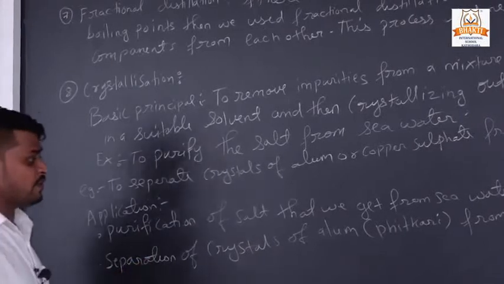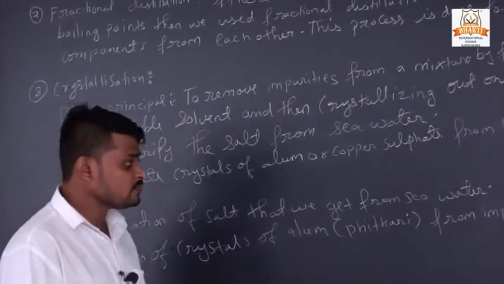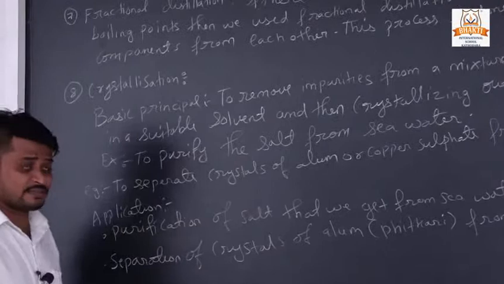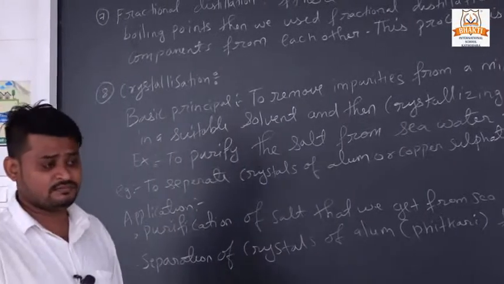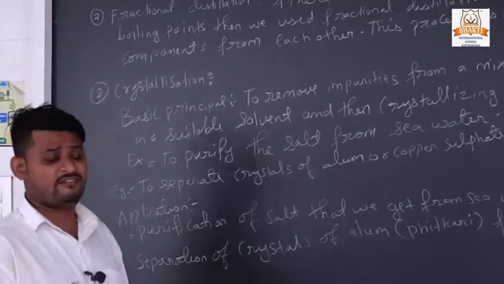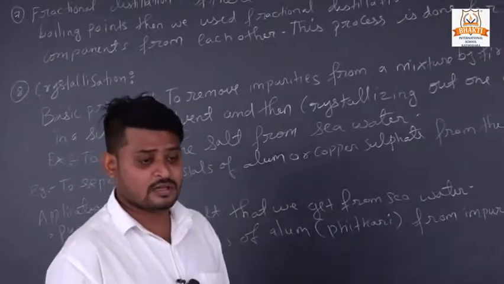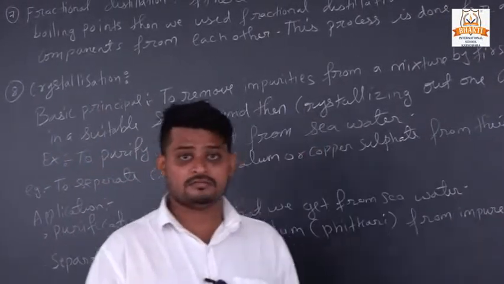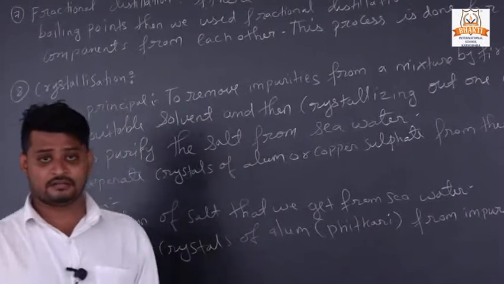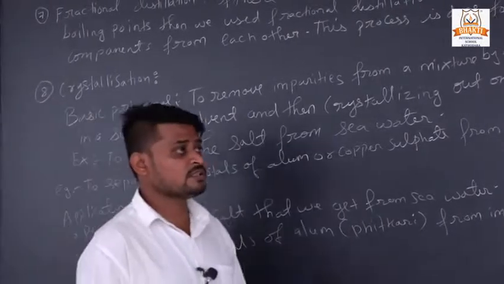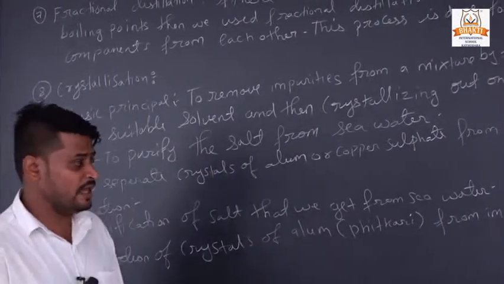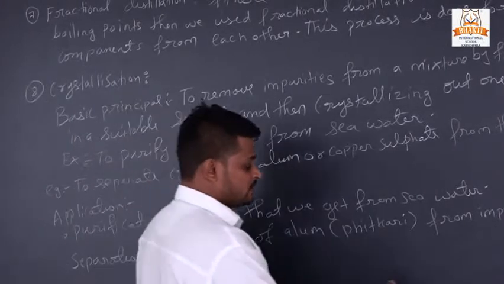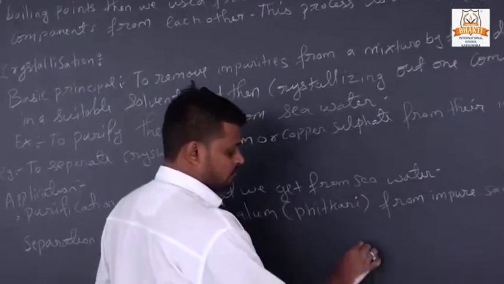And the other example: if we want to separate sulfur, we use the crystallization method. In this method there is a burner, and we are using a rough diagram.